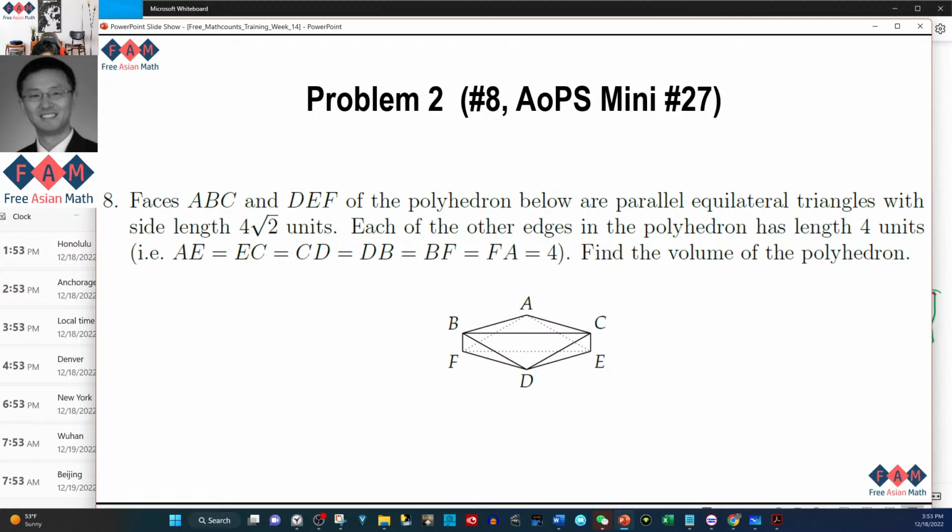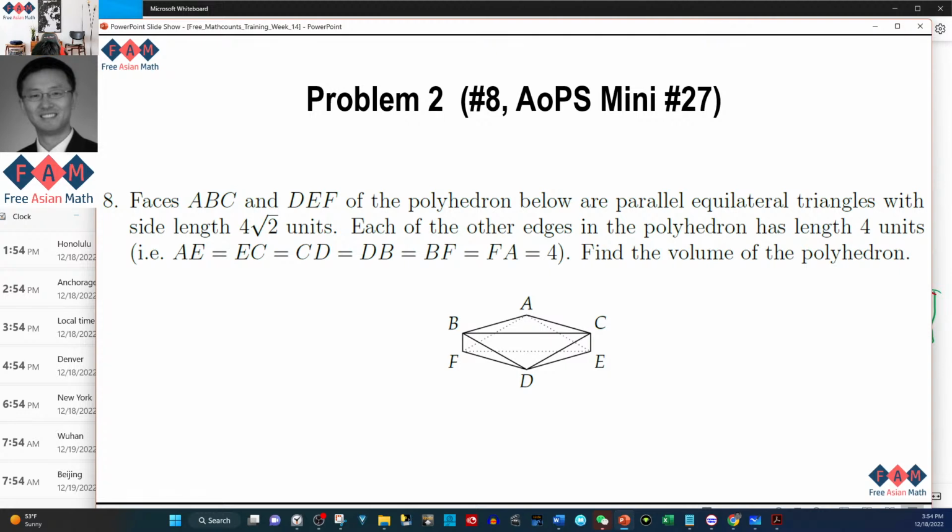The only way for this to happen is that this triangle ABC and DEF are so off that they are not kind of over each other, but they shifted away from each other so much that the BF and CE are not actually vertical at all. So only in that way the figure can look like this. But if that's the case, there's no way actually for BD and the CD to be 4.